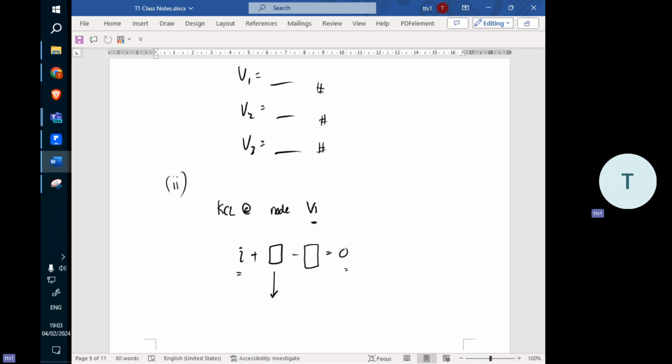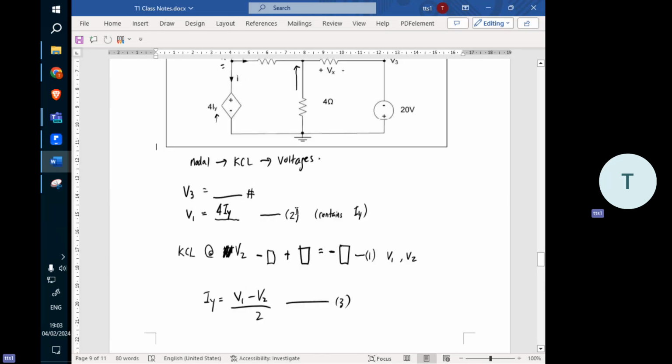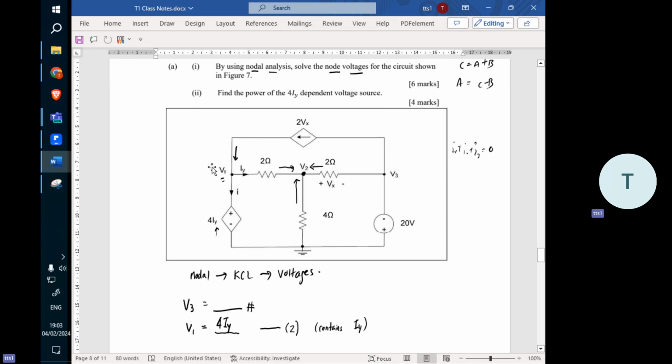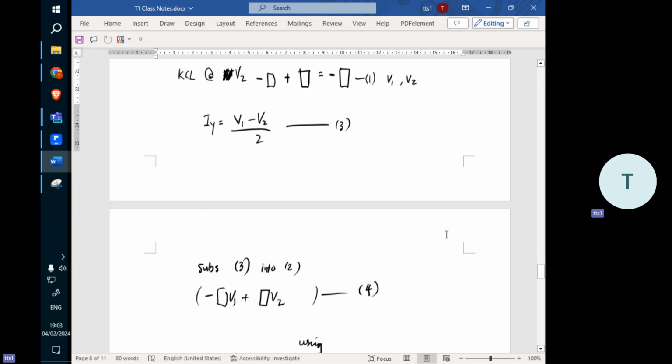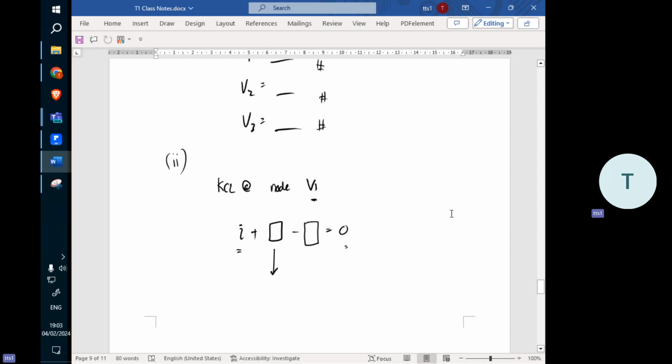For example, let's say you have one resistance called 2 ohm here. This 2 ohm at least has 2 terminals, one here, one there, right? Let's say you have voltage here, voltage here.